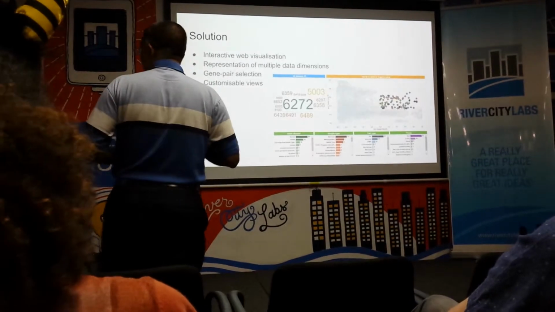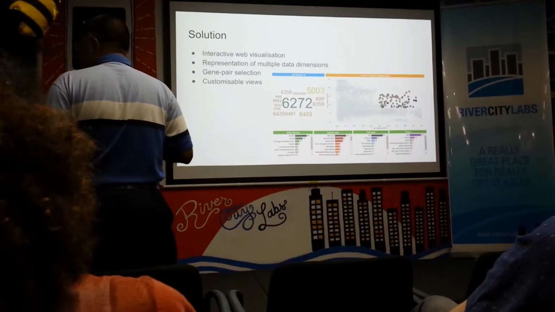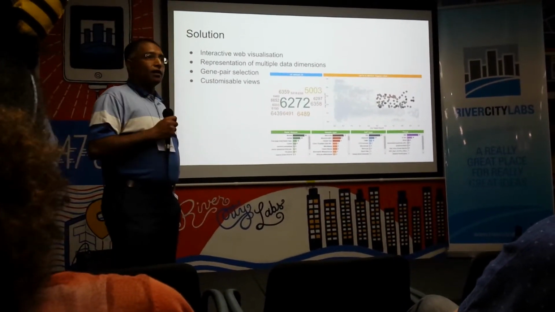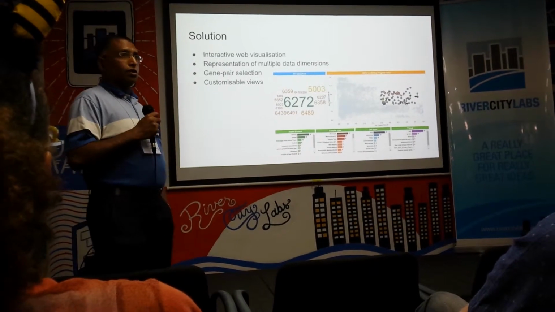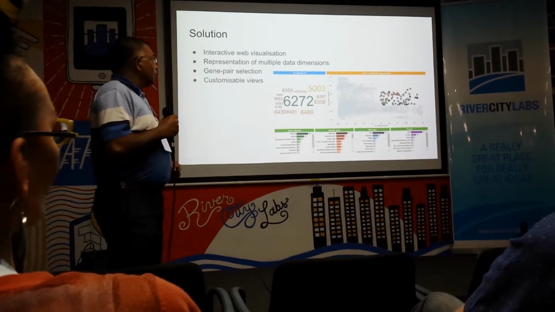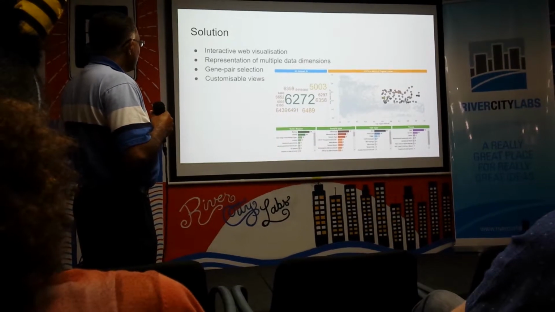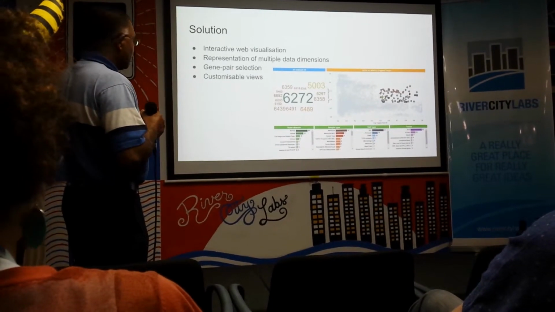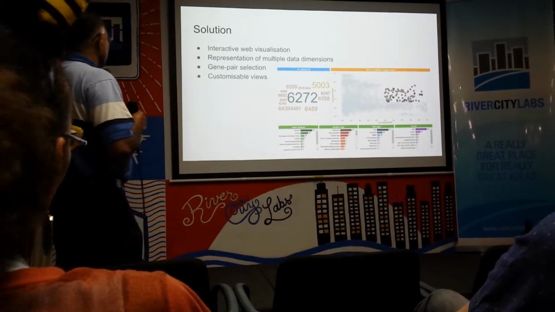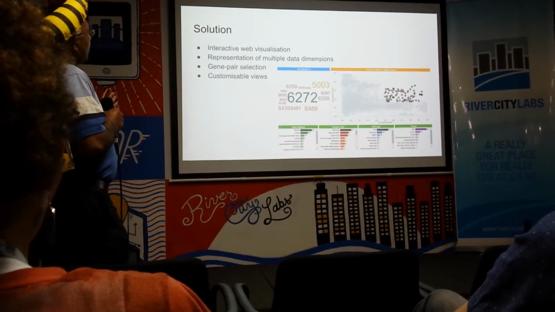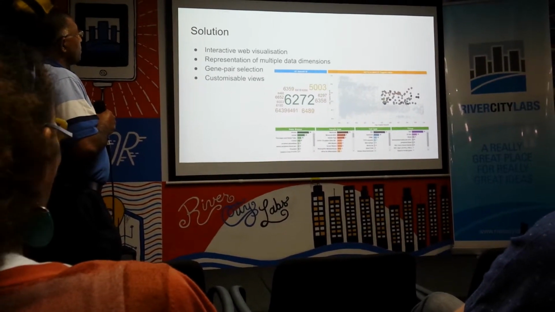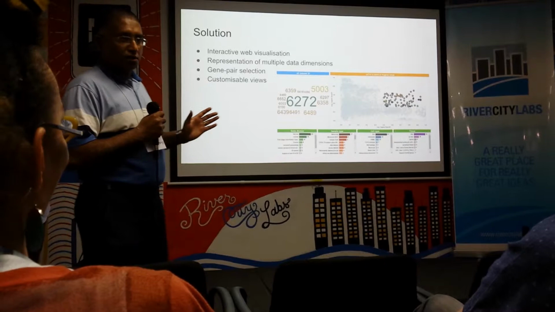So we came up with this solution we have developed. The solution is an interactive web visualization application. This is explained more by Jun, who is the coder and software developer. What it's able to do is represent multiple data dimensions.